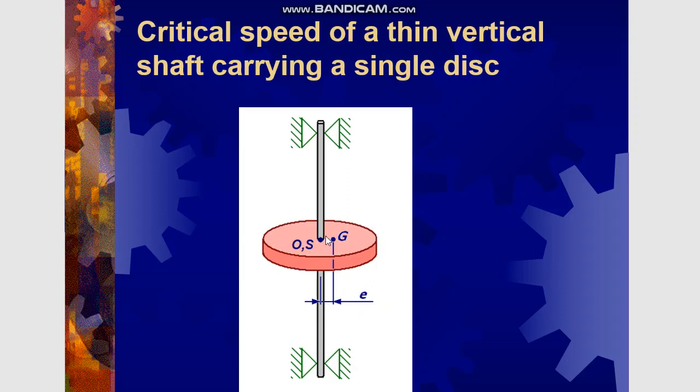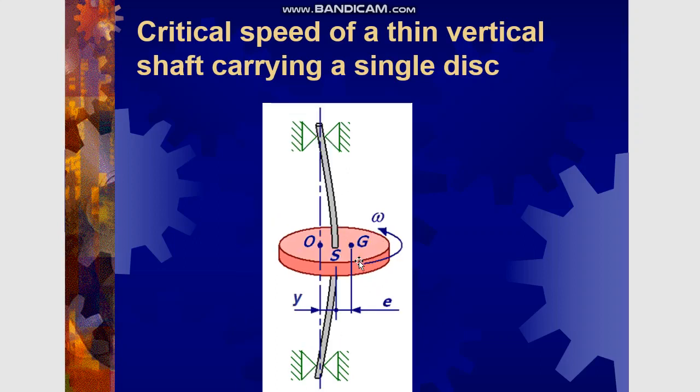Now that centrifugal force will tend to bend the shaft in this direction. So I'll show you here. And as the shaft bends, the amount of centrifugal force increases further because of this deflection y. Now, in this scenario, the centrifugal force is now given by m into (y plus e) into omega squared.